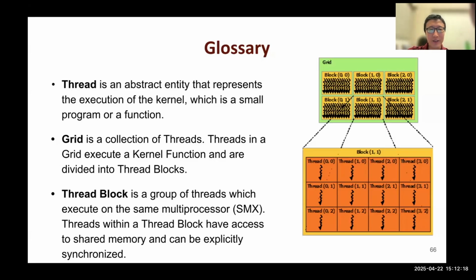A grid is a collection of threads, and threads in a grid execute one kernel function. So when you provide the kernel configuration, that essentially describes what this grid looks like, and how you want to launch your kernels across the whole grid. So one kernel, one grid.